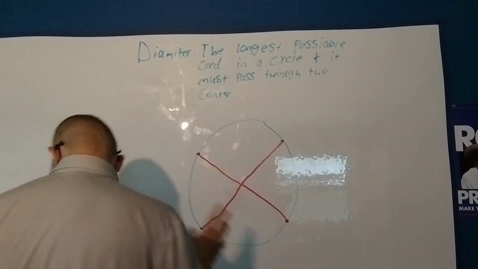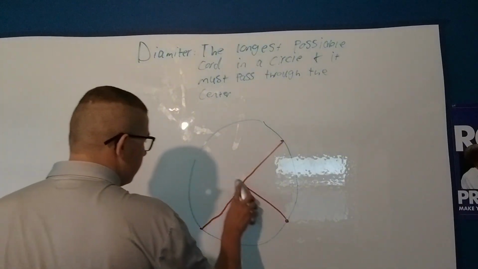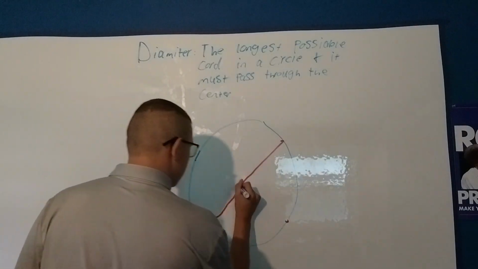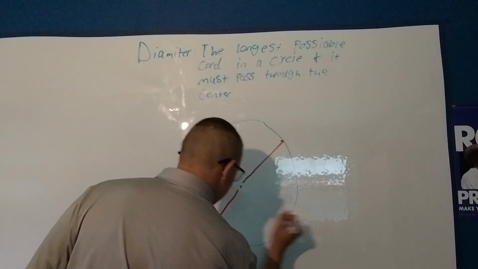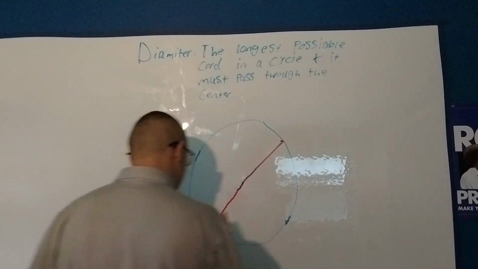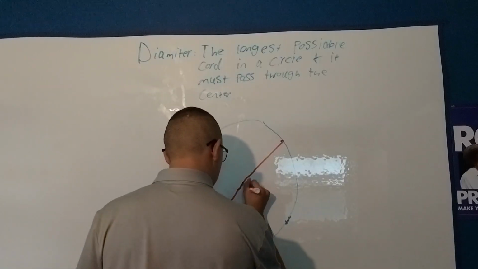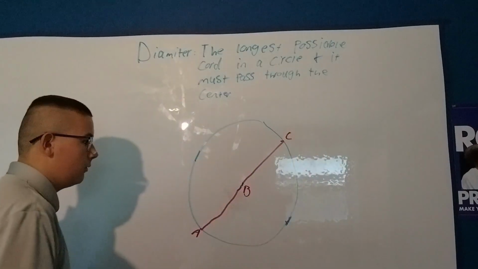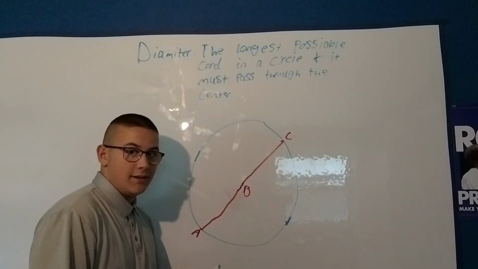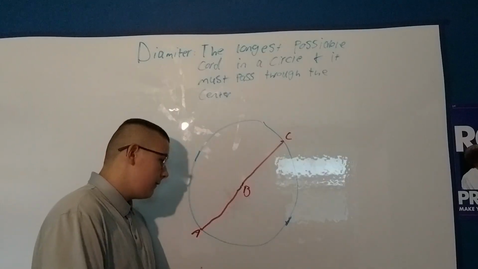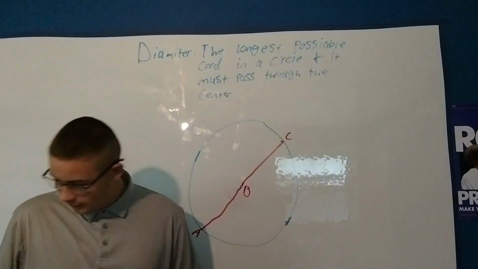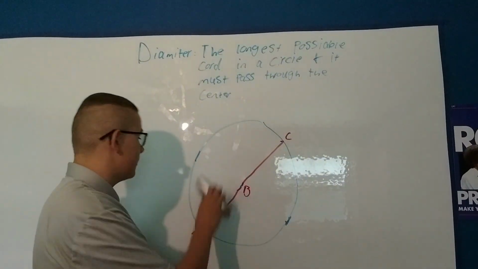And something like if we were told, we'll call this line A, B, C. If we're told that point B is the midpoint of line AC and line AC is a diameter of circle B, then we would know point B is the center of circle B, because it always has to pass through the center.